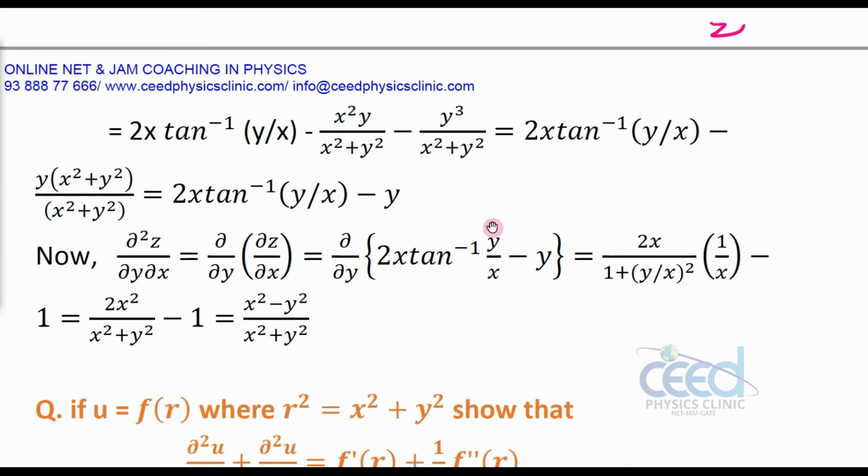When I am differentiating y, its value is 1. Minus, and when I am differentiating this one, I will get with respect to y, that is 1 minus 1. So that is (x square minus y square) divided by (x square plus y square).